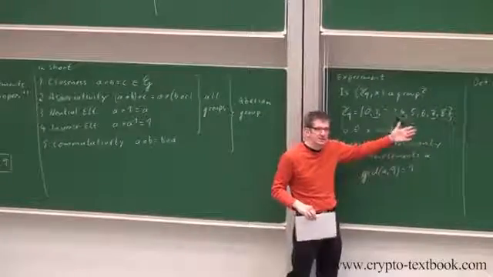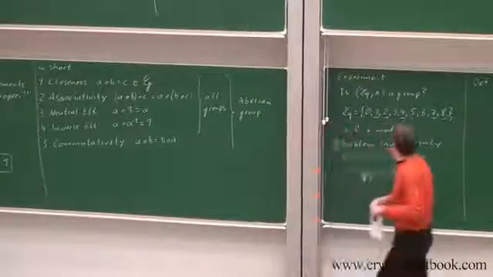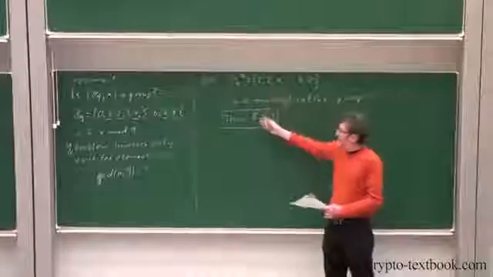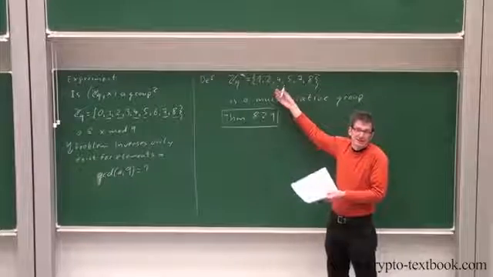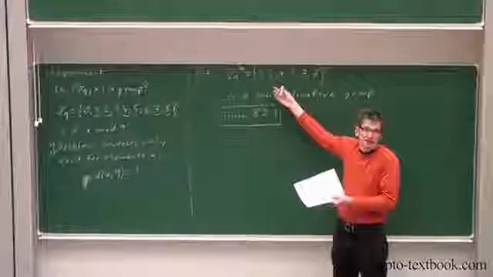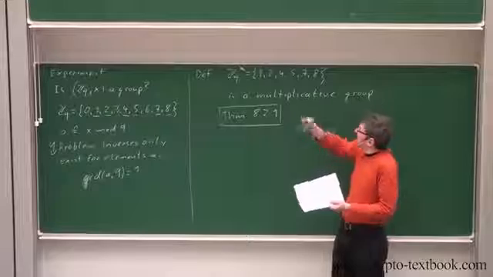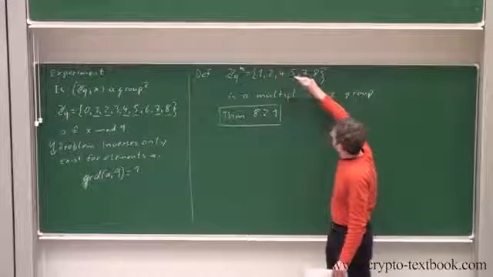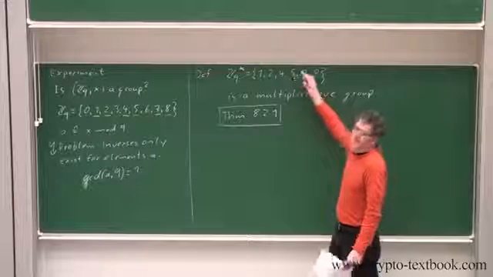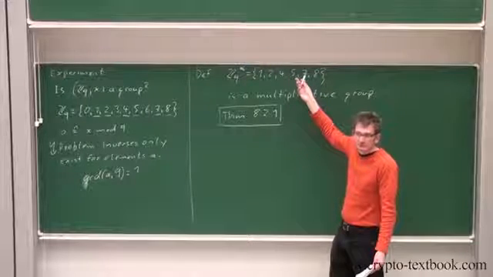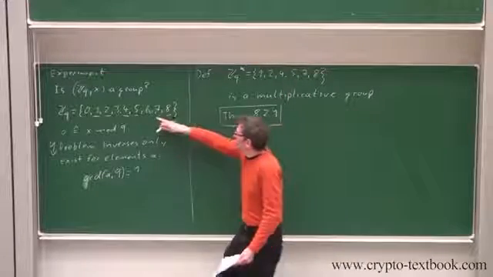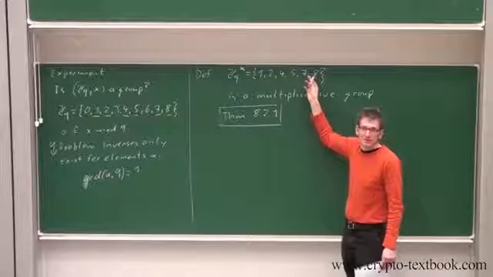What we do now, we kick 3 elements out, and suddenly the theorem tells us it's still closed. And why is that surprising? Well, it could happen that you multiply 4 times 5 modulo 9 and the result is 6, for instance. And then it wouldn't be closed, because the 6 is not part of the set anymore.